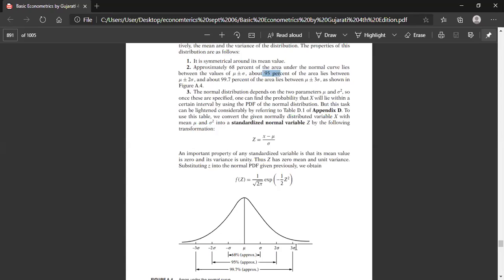Most values are concentrated here. So that's the beauty of the normal distribution. Even if the values can go from negative infinity to plus infinity, if you focus on the center around the mean, you are actually looking at most of the values.